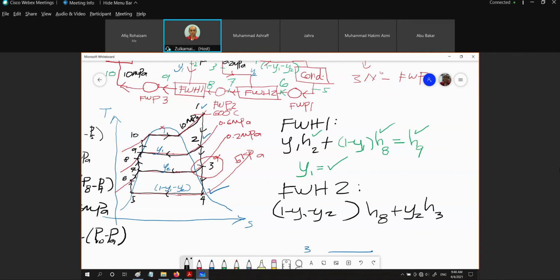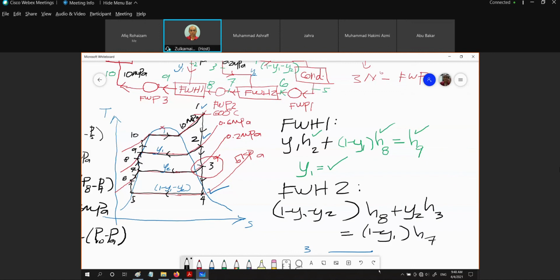And this should be equal to what is coming out right here, 1 minus Y1 times H7. What is flowing in is (1 minus Y1 minus Y2) H6 and Y2 H3, and what is coming out is 1 minus Y1 H7.